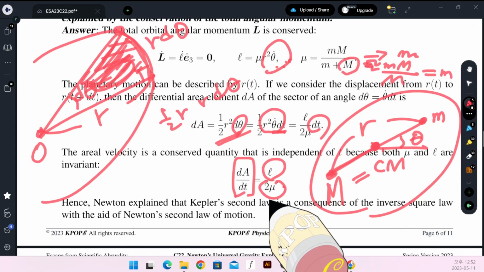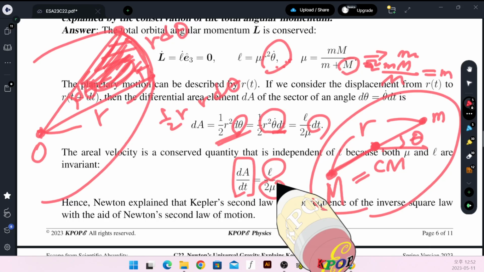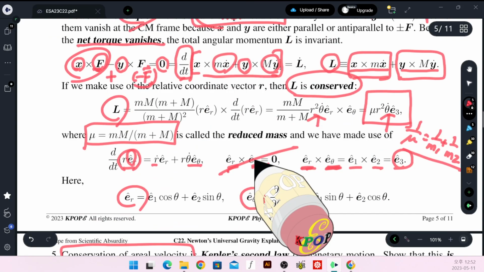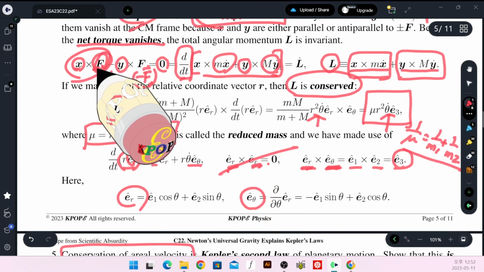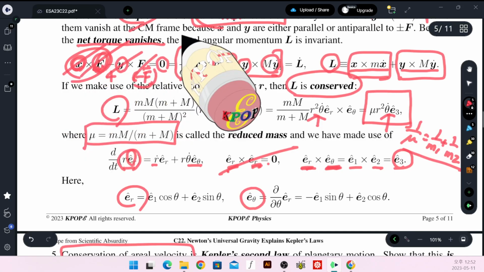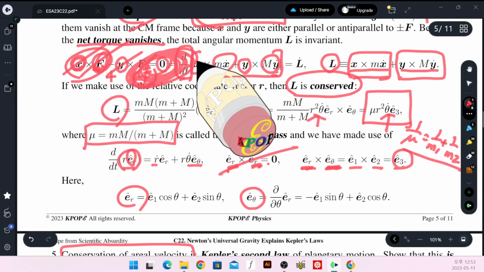So areal velocity is conserved because of what? Orbital angular momentum is conserved. Why? Because the force is central. Force is parallel to this displacement, so they cancel. So it's zero. What is zero?